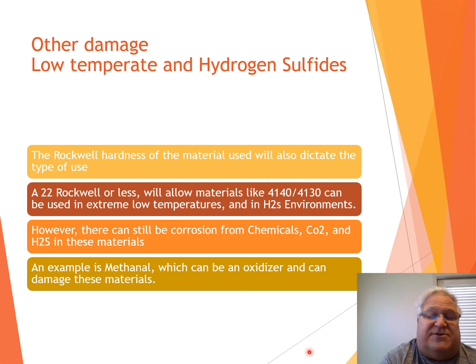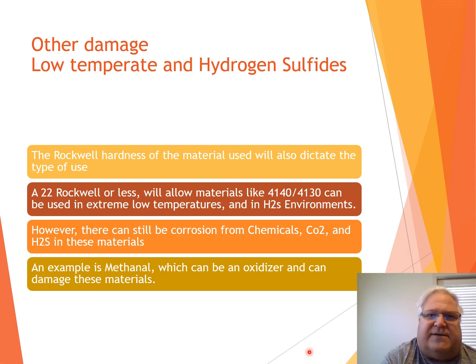There's a lot of people that use inferior material. Unfortunately, it could be called 4140 or it is 4140, but it doesn't necessarily have that Rockwell that you're looking for to be good for hydrogen sulfides or low temperature. And in a lot of countries, low temperature doesn't matter, but hydrogen sulfide or H2S is going to cause issues.